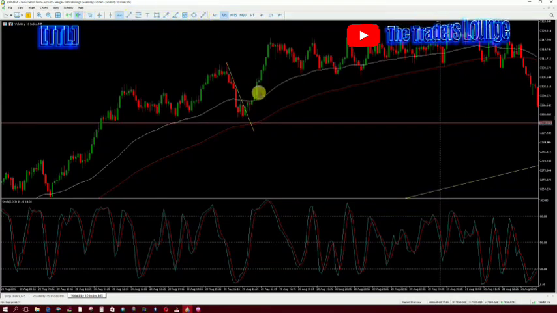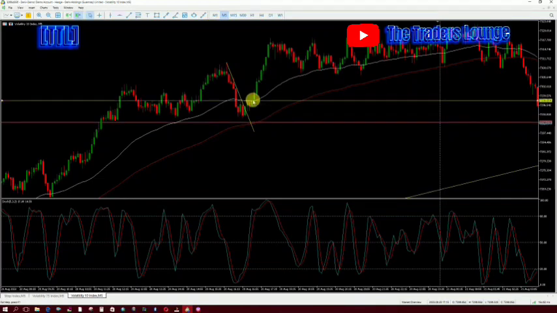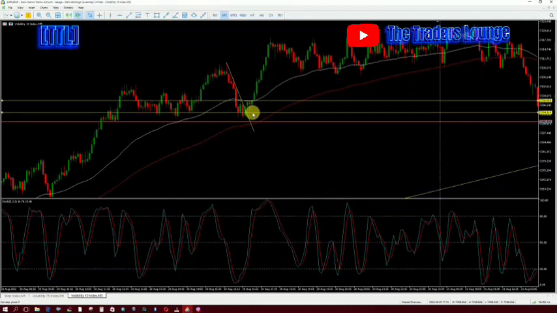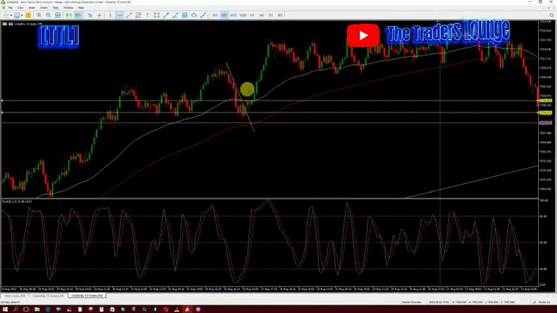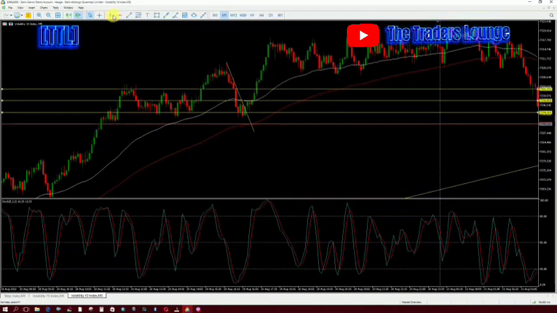This is my stop loss right below the last retracement, and you can see the risk to reward always maintained.